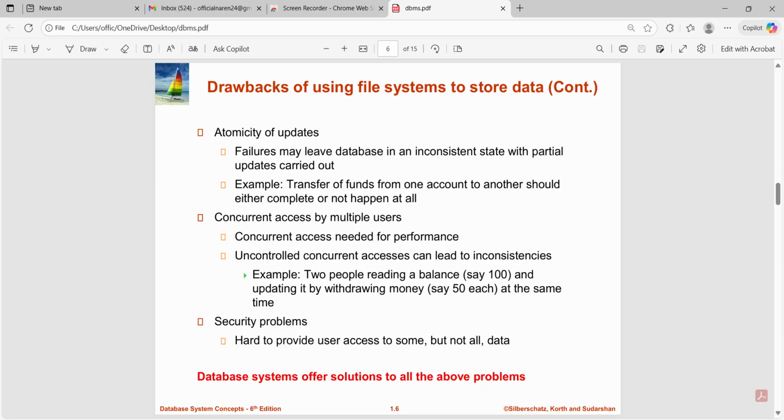For example, if you are taking an amount from the ATM machine, and suppose the amount is not withdrawn, but you are getting a message that the amount is being dispatched, that is withdrawal. In such cases, we are going to handle this by atomicity of updates. The next one is a security problem. It is very hard to provide user access to some kind of that particular data.